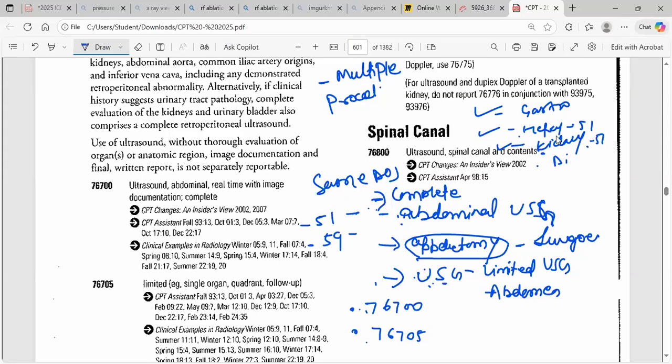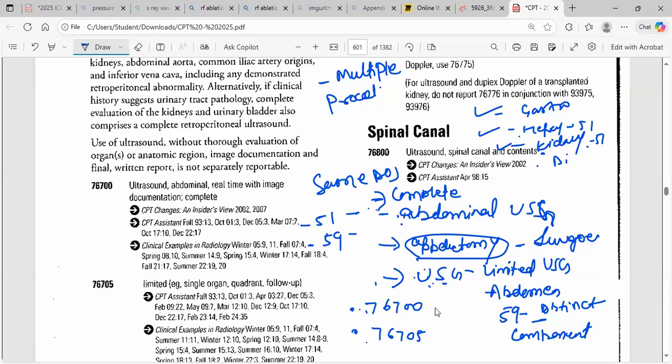Whereas you need to use the 59 modifier to represent a distinct procedure. When you are going to bill a component of the major procedure separately, then you have to use modifier 59 to represent that I know this is a component, but this is a distinct procedure, hence we are billing it separately.